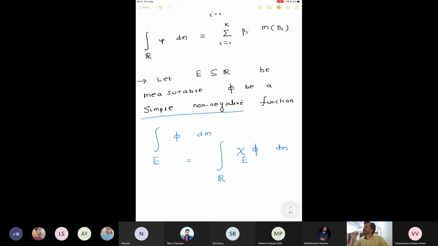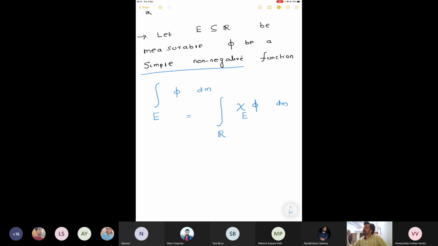We have seen that we can also integrate a non-negative simple function when it is not in canonical form, but with the restriction that b1, b2, etc., bk are distinct. And we have also seen that we can define the integral of a non-negative simple function over some subset of R. This is our progress so far.